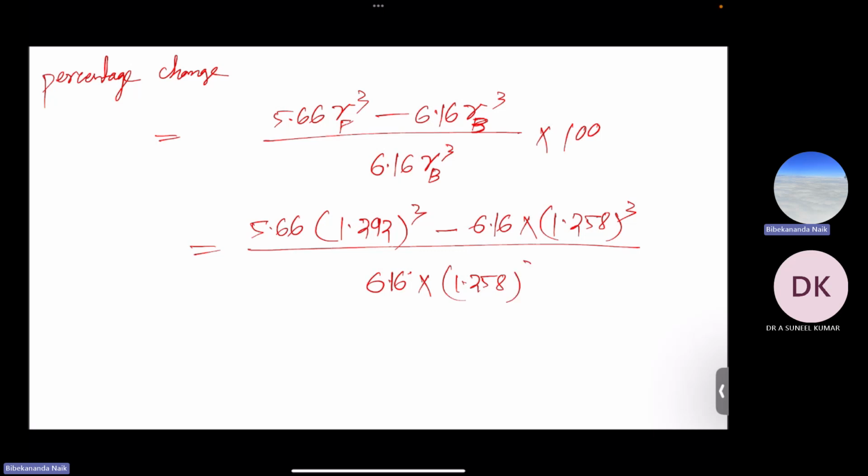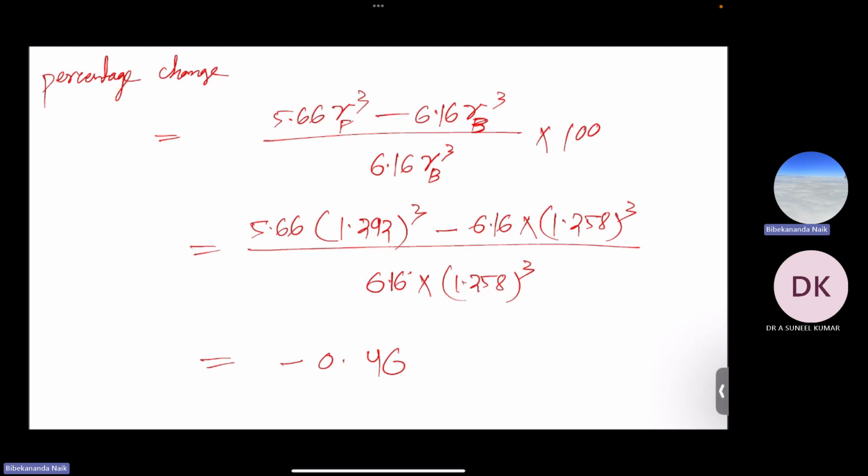Here we are not converting angstrom to centimeter or meter because it is a ratio, so both the factors will get cancelled out. If you calculate it, the answer will be minus 0.46.